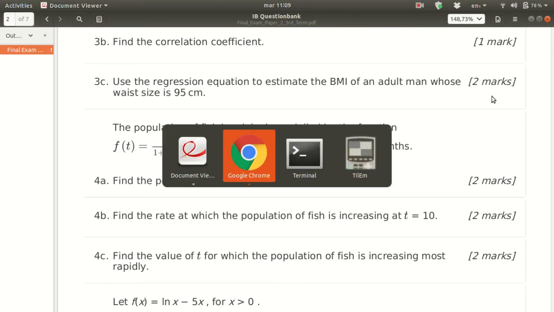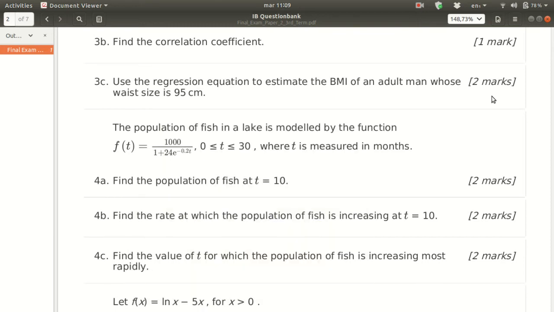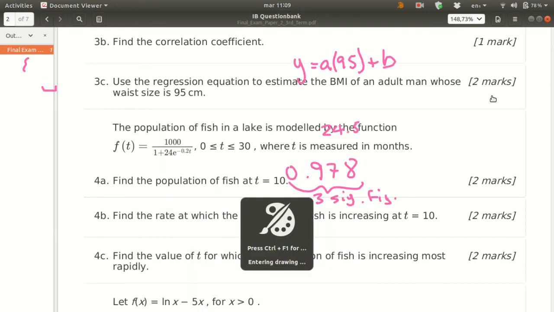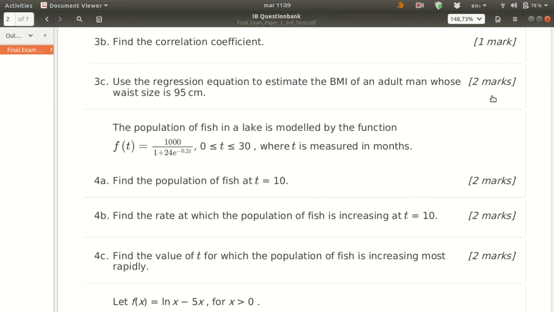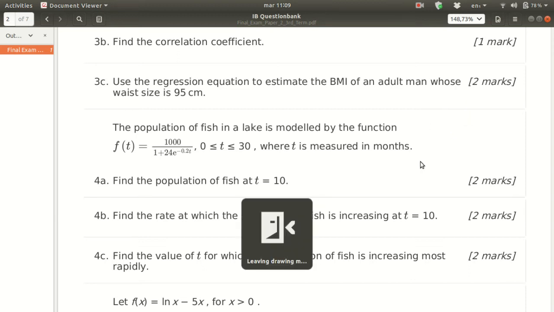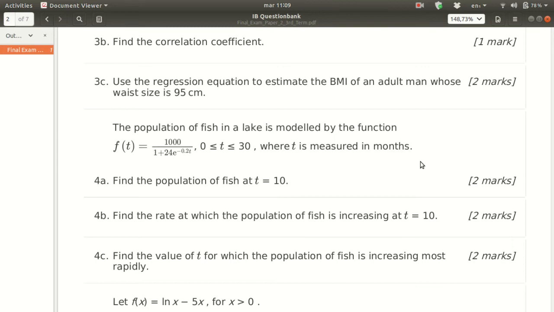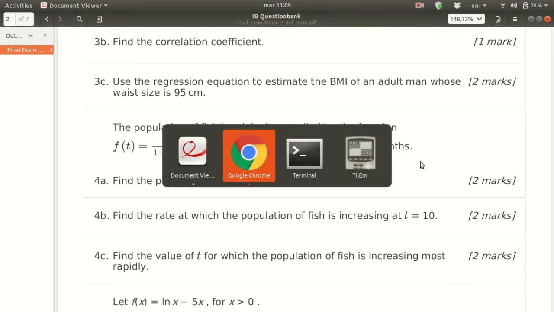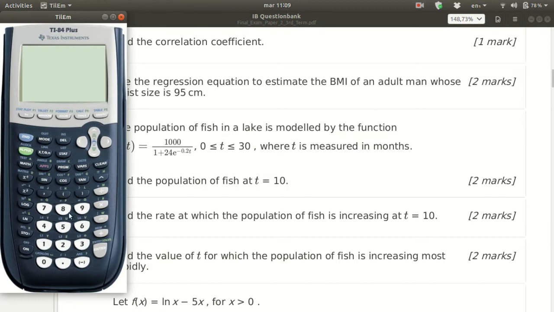So for that problem, all you had to do was find f of 10, right? Replace t in the function with 10. So obviously calculator. Now a lot of you might have written a formula or whatever. What I recommend is always try to use the tables.